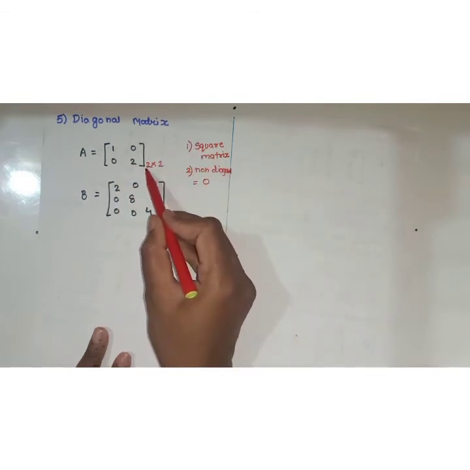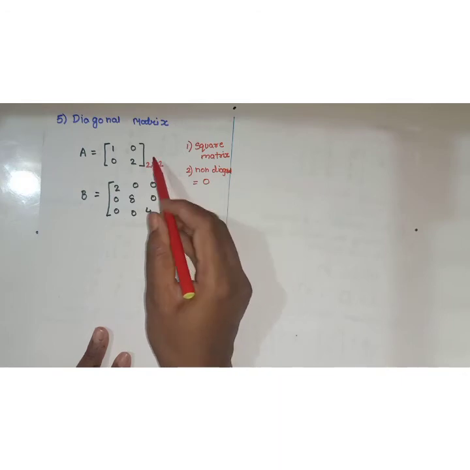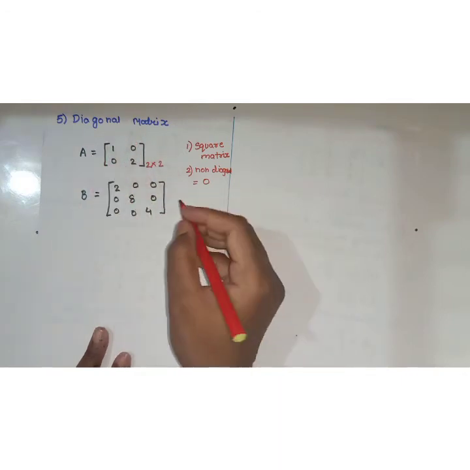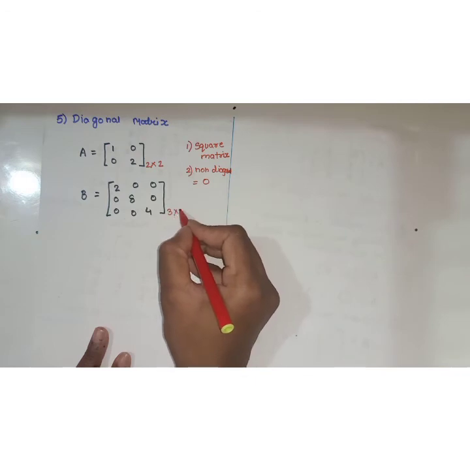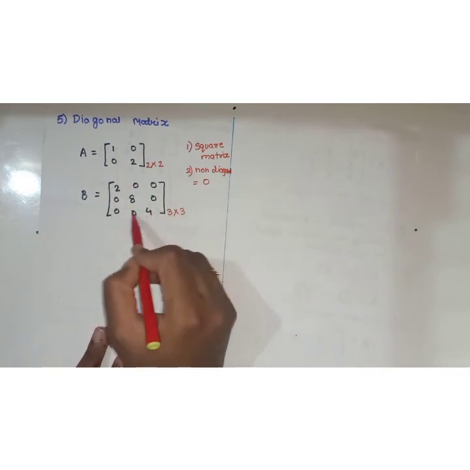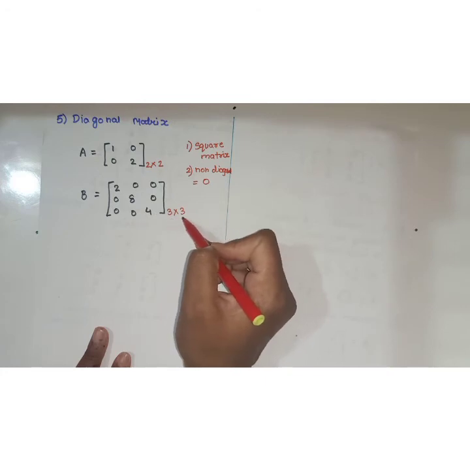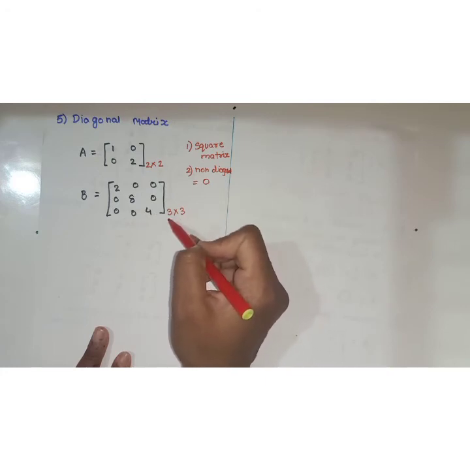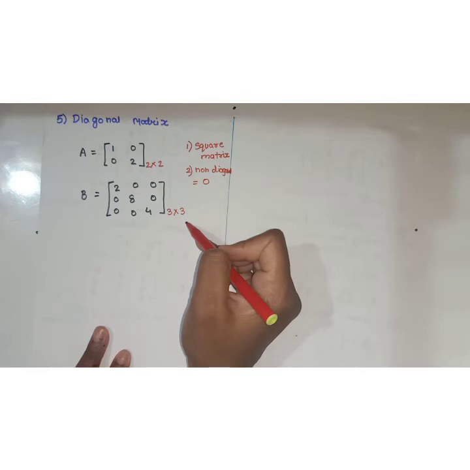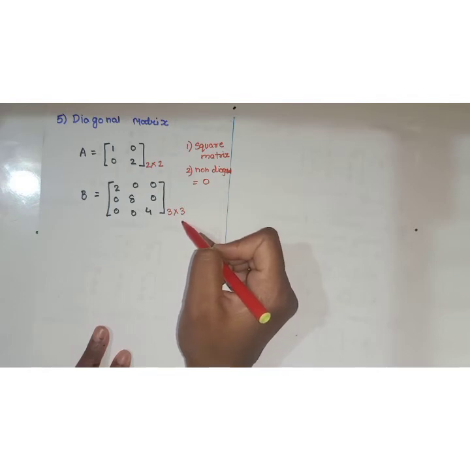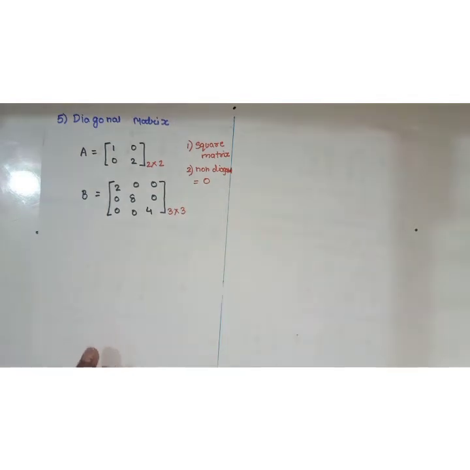So the number of rows and columns are equal, so it is a square matrix. Same way here, 3 rows and 3 columns, so 3 by 3, also a square matrix. So for a diagonal matrix, two things are needed: a matrix should be a square matrix and the non-diagonal elements should be 0.